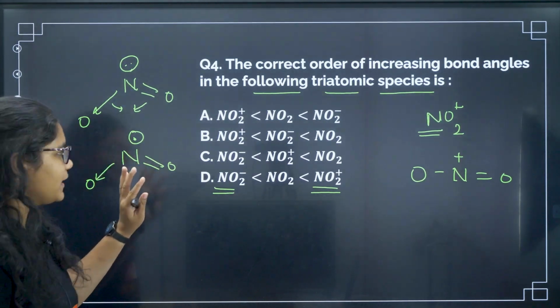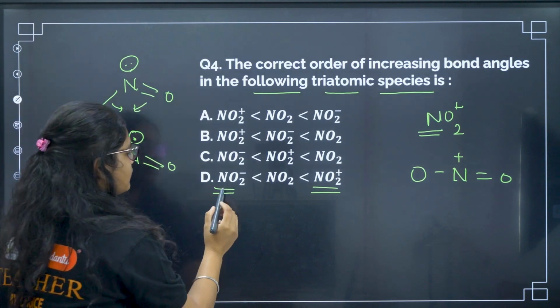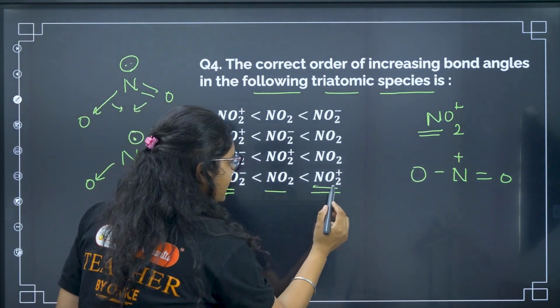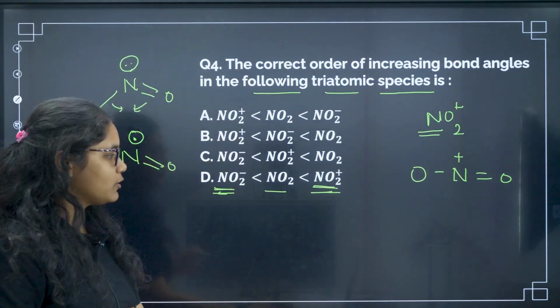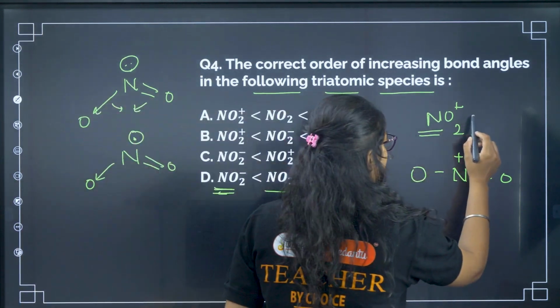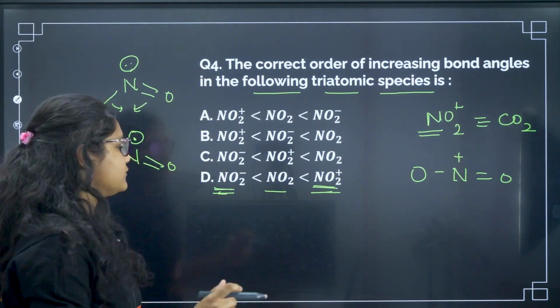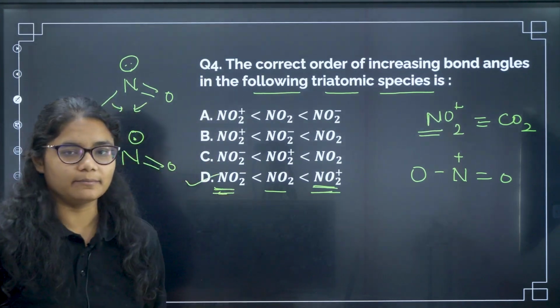So here if you compare, there will be more repulsion. So the bond angle will decrease further. So NO2 minus will be least, then NO2, and NO2 plus will be the highest bond angle with a linear shape, okay? So the correct answer for this one is isoelectronic with CO2, right? That is where the shape will be the same. So the correct answer for this question is option number D.